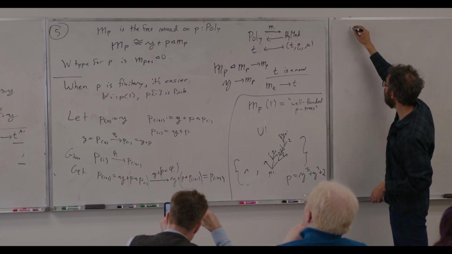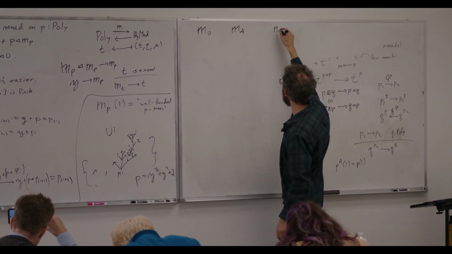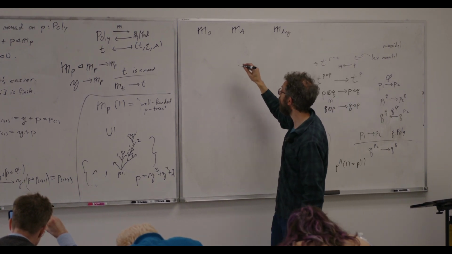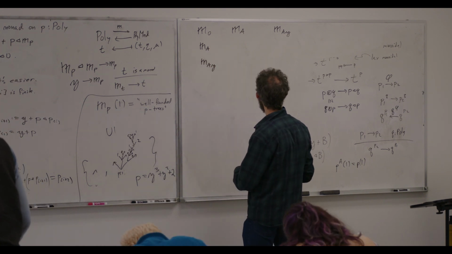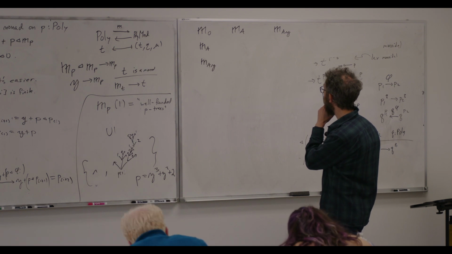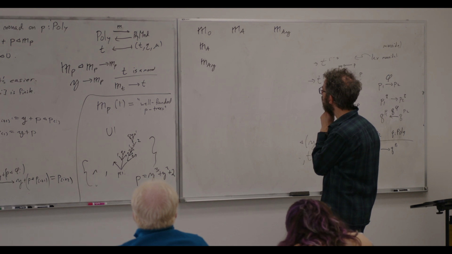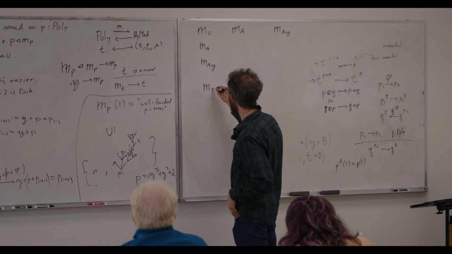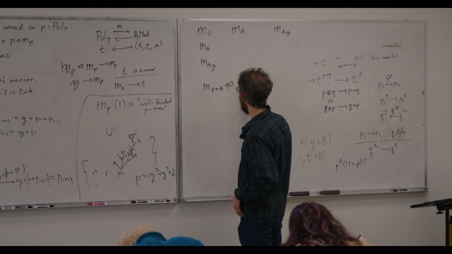Why don't you try to figure out what M0, MA for a set A, and AY are? Try on your paper to figure out these things. And then show that MP plus A of, and then just see if you believe that.